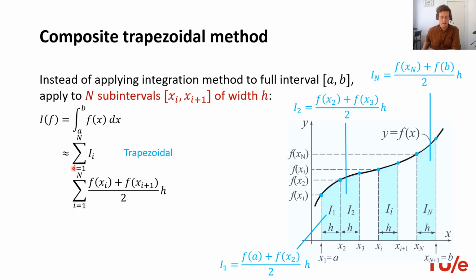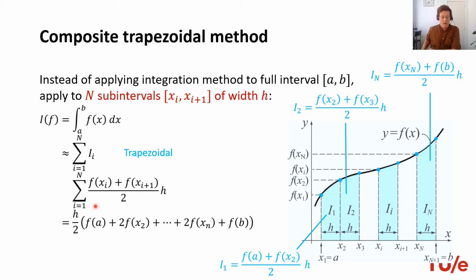This can be simplified a little bit, because a straightforward implementation would take two evaluations per term in the sum, so a total of 2n function evaluations. If f is expensive to evaluate, you obviously don't want to evaluate it any more than strictly necessary.